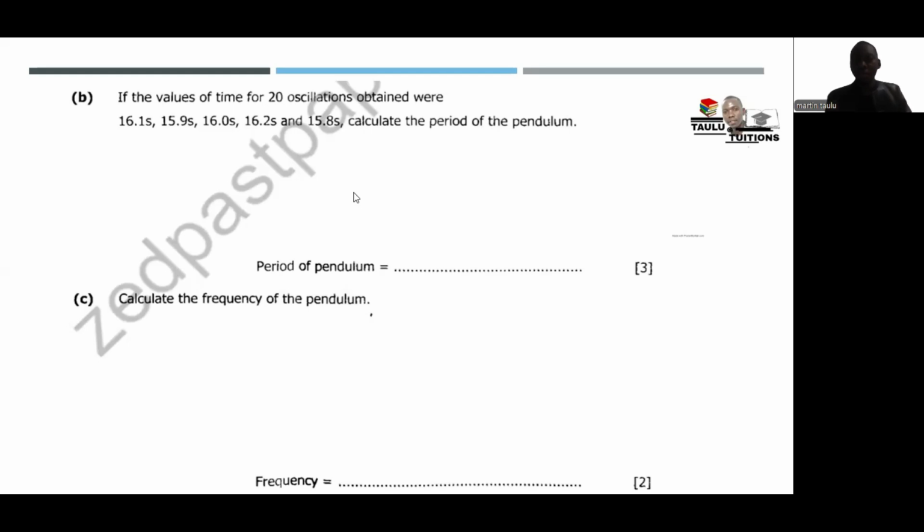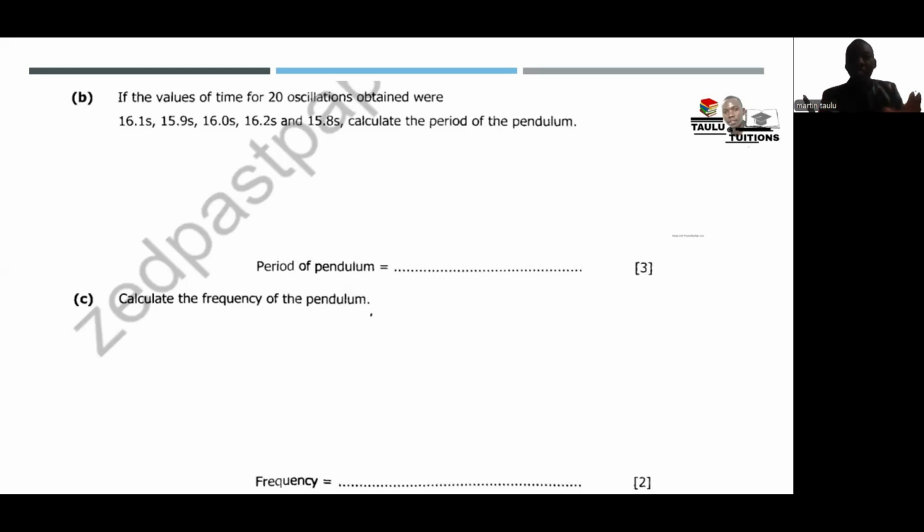That is, period of a pendulum is equal to time over the number of oscillations, or we can use the other formula, period of a pendulum is equal to 1 over frequency. So for this question, we are going to use period is equal to time taken over the number of oscillations.